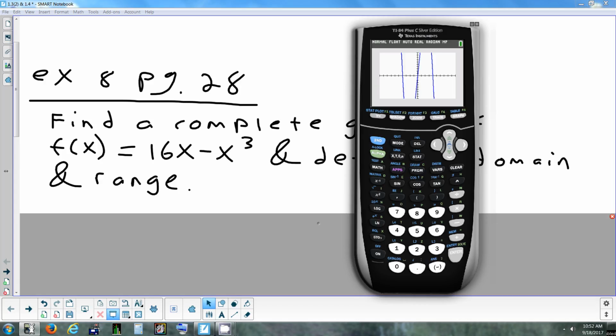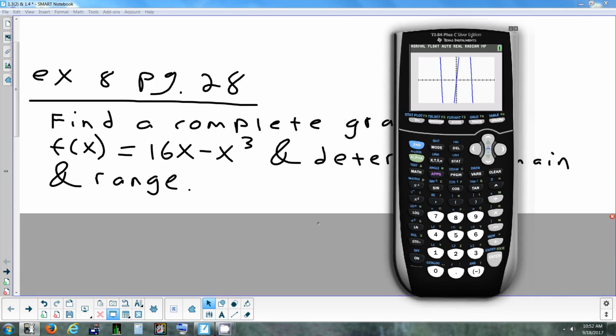So in terms of finding a complete graph, is that a good window? No. I can see that it's doing some turns, but I'm cutting off the 2 turns. I think I need to adjust 2 out of 4 of the min and max values. Did anybody see what 2 values I need to adjust a little bit?